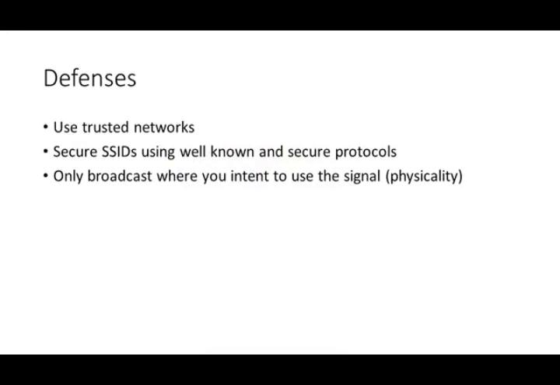Defenses. Use trusted networks. Don't necessarily use your local coffee shop's network, or use a VPN. Use secured SSIDs using well-known and secure protocols. So WPA2, for example, that is using AES encryption would be the best security that you could have on a commercial or non-commercial based access point.